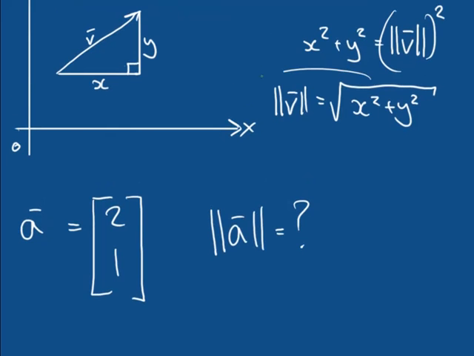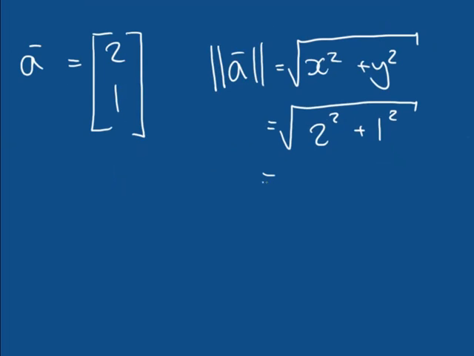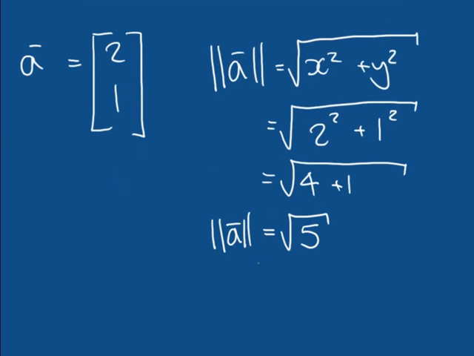Well, I need to use this very simple equation right here, which says the length of A is going to be equal to the square root of x squared plus y squared, which means it's going to be equal to the square root of 2 squared plus 1 squared, which is equal to the square root of 4 plus 1, which is equal to the square root of 5. Now this isn't a nice round number, so I'm not going to worry about actually finding the value of the square root of 5. I'm simply going to leave this as the length of A, the magnitude of A, is equal to the square root of 5.